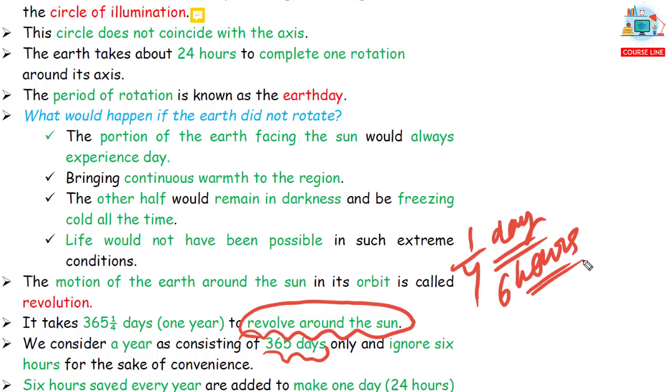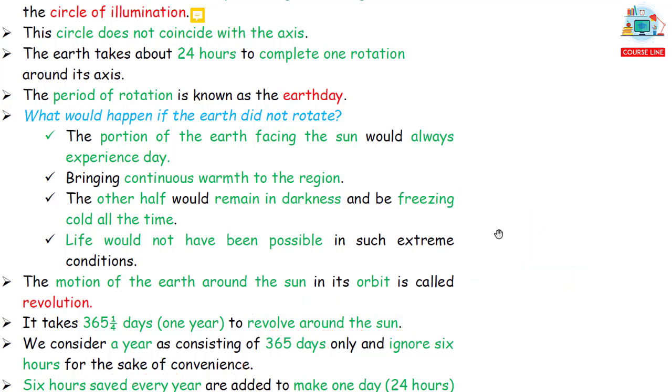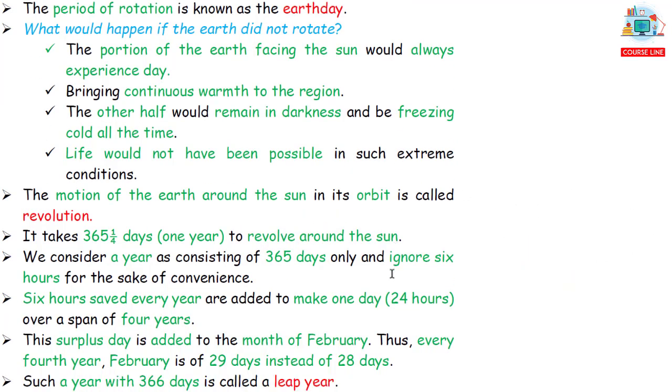Okay, how can we ignore 6 hours? We are ignoring 6 hours for our convenience. अपने सुविधा के लिए हम उसे अभी इग्नोर कर रहे हैं, but it will not be completely ignored because the answer lies in the coming lines.